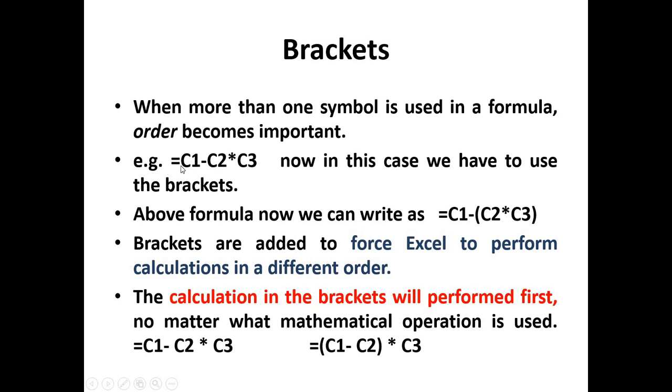For example, if you write C1 minus C2 times C3 and you want to find C1 minus C2 and then multiply the output by C3, you must put brackets around C1 and C2, and then multiply by C3, because the calculation in the brackets will be performed first in Excel, and then it continues to find the output of the function.